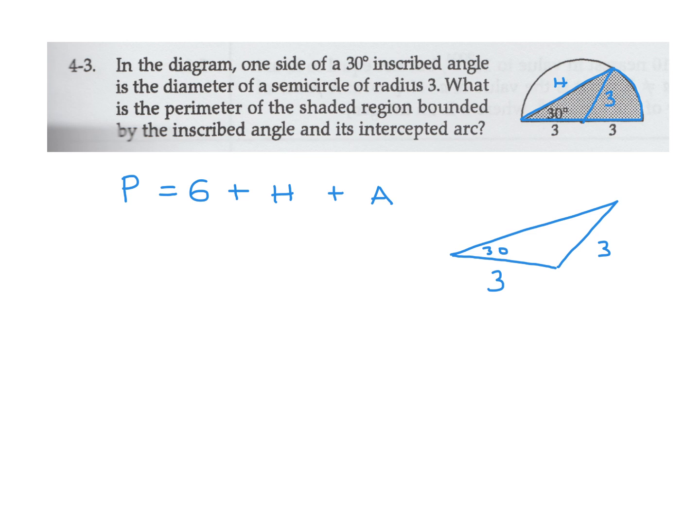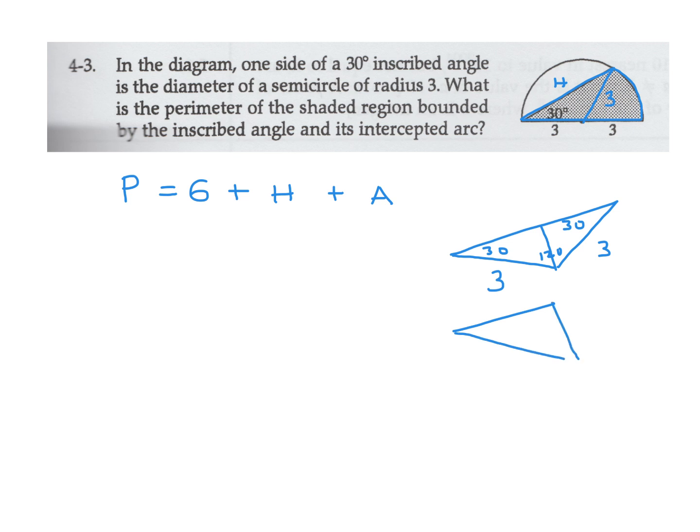Because this is isosceles, that's also 30 degrees. And therefore, this angle would be 180 minus 60, which is 120.